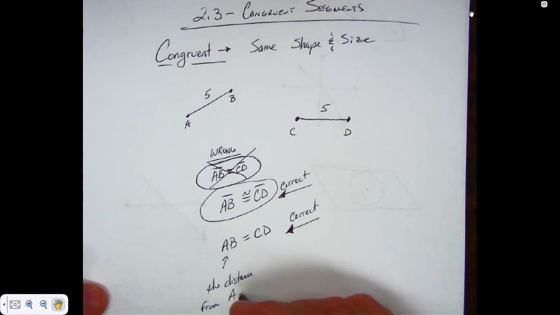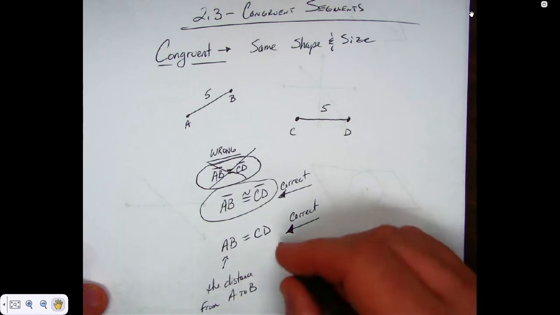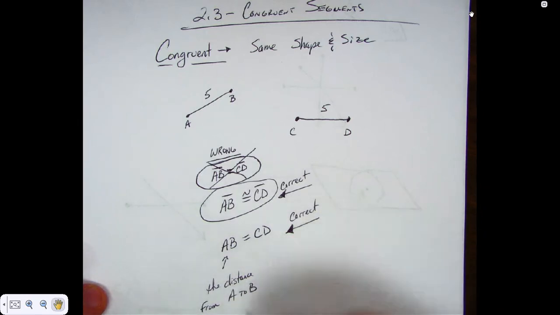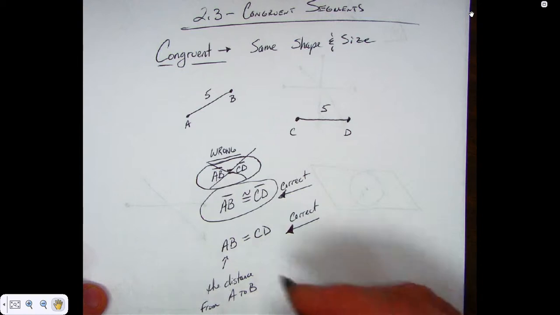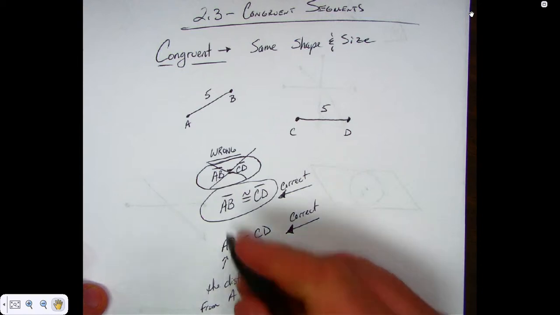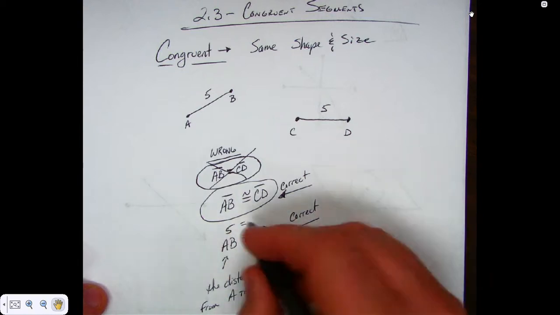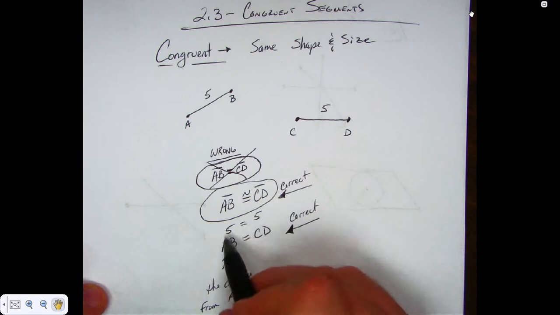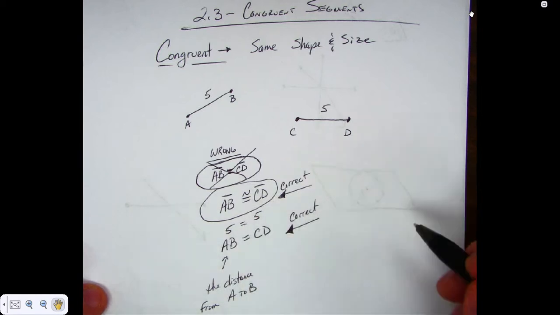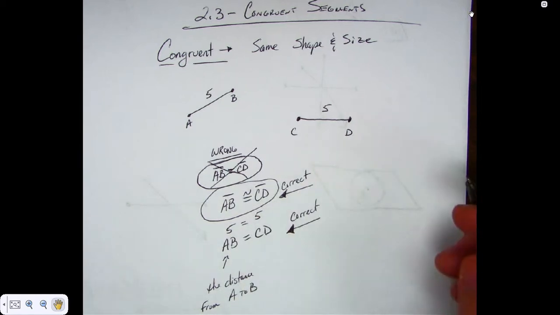And same thing here. And that is correct. Because what's the distance from A to B? It's 5. What's the distance from C to D? Is 5 the exact same thing as 5? Absolutely. So that's why that's a correct statement.